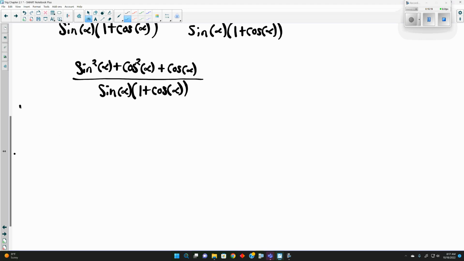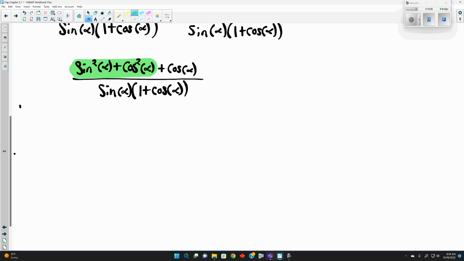Did one of our Pythagorean identities show up? I'll give you all a second to write. Look at it. I think one of them did, didn't they? Because what is sine squared plus cosine squared? For the Pythagorean identity, sine squared plus cosine squared is 1, yes?